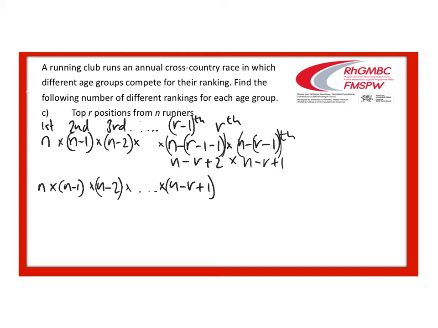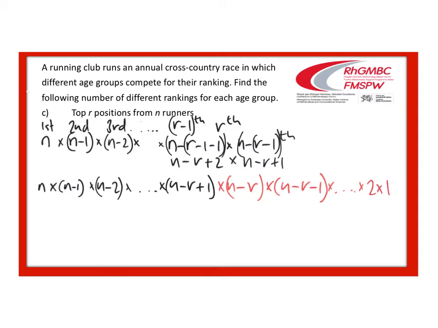Now what I want to do is extend the numerator of our fraction so that it becomes n factorial. So I'm then going to multiply by n minus r, because I'm going to take away 1, and then I'm going to multiply by n minus r minus 1. And then it's going to multiply all the way down to 2, and then finally 1.